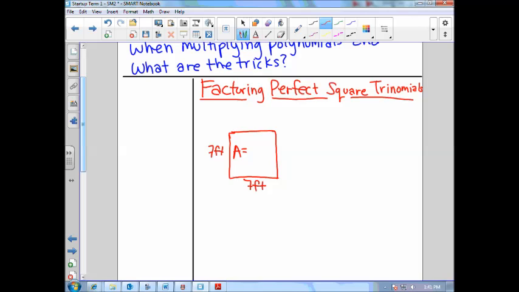So the area of the square, what's 7 times 7? 49. Now, what would the unit be if we do feet times feet? Feet to the second power, feet squared. So that means that 49 is a perfect square.